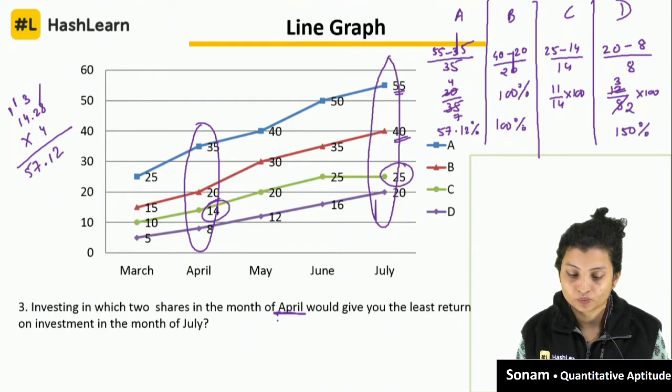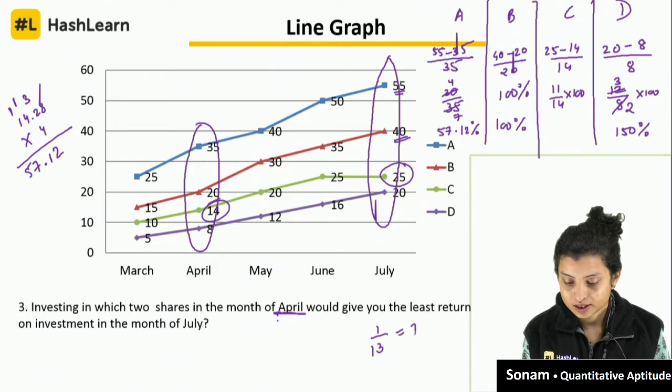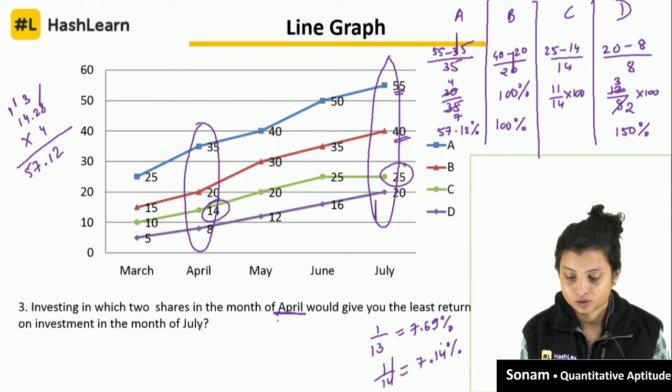Okay, let's do this one quickly. 1 by 14, if you know, how much is 1 by 14? 1 by 13 is 7.69 and the value of 1 by 14 is 7.14%. Okay, so 7.14% into 11.